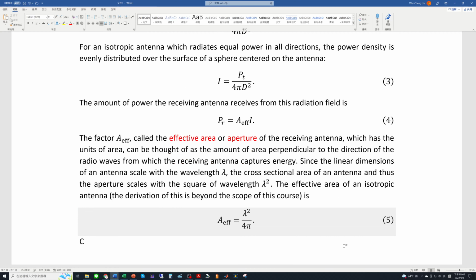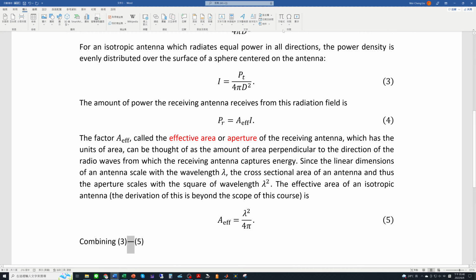So, combining equation 3 to equation 5, it should be an n dash.